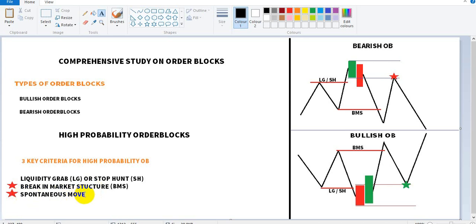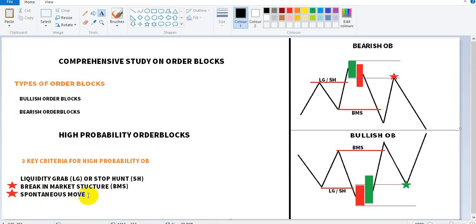Now, for me to term an order block a high probability order block, it should have these three criteria. But this number one is not exactly compulsory. But these two, break in market structure and spontaneous or impulsive move, are very, very important for me to consider an order block a high probability order block.